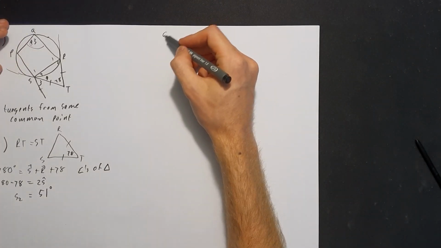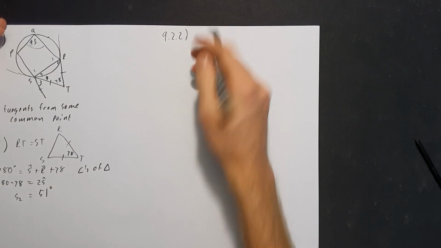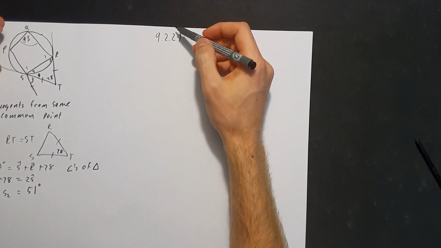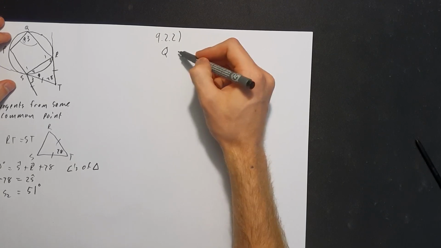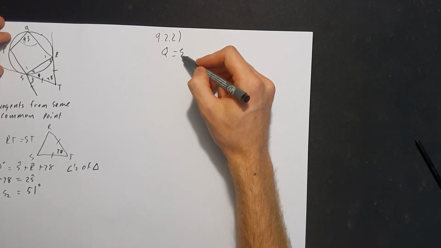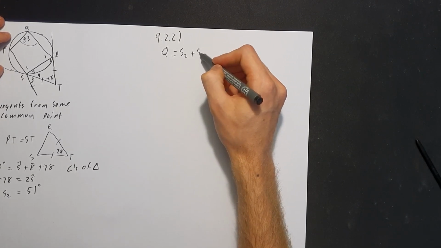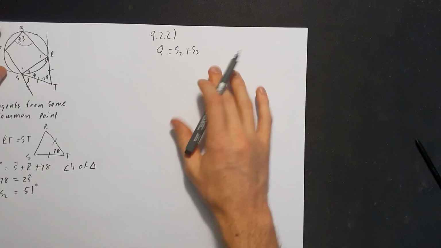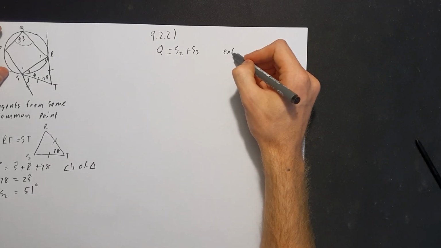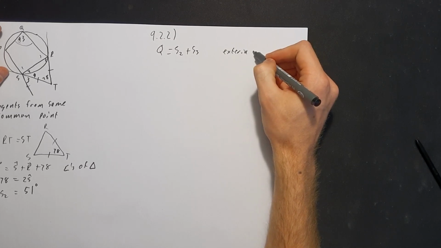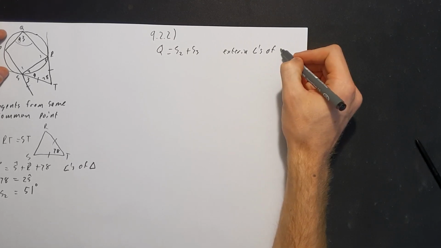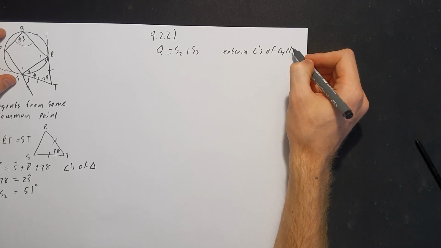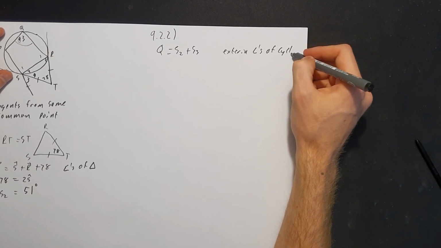So for 9.2.2, we know that Q equals S2 plus S3, and the reason for that is exterior angles of a cyclic quad.